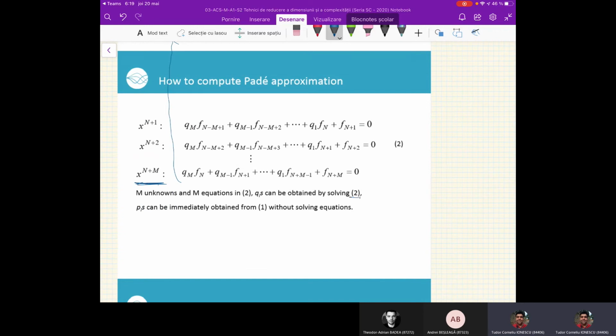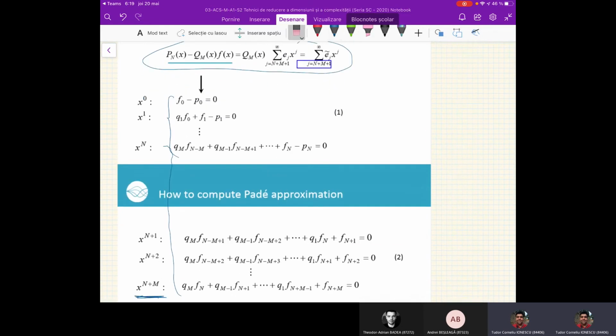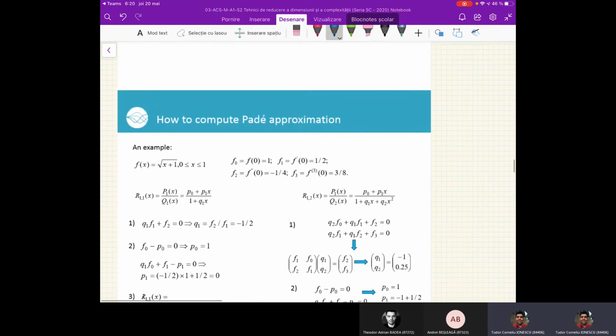The Qi's can be obtained solving 2, and the Pi's follow immediately without solving the equation. So essentially, you can split this system in two parts. This one you solve, and this one you just build based on the solution of 2.